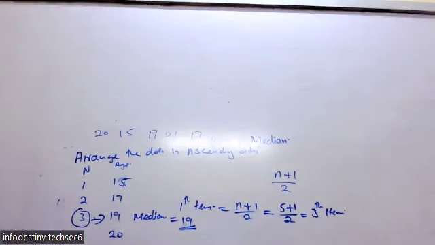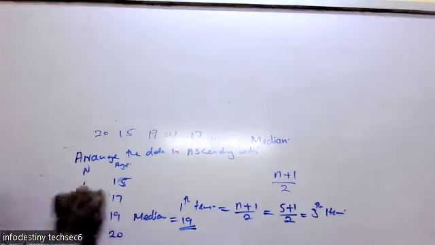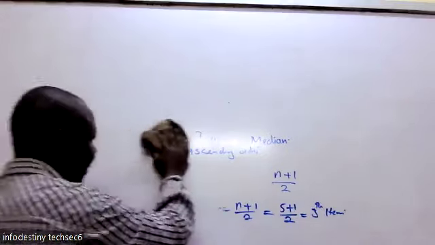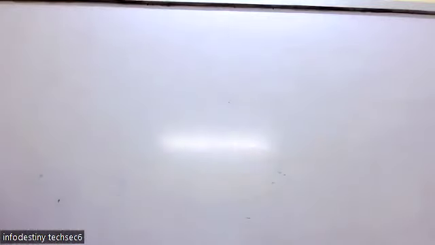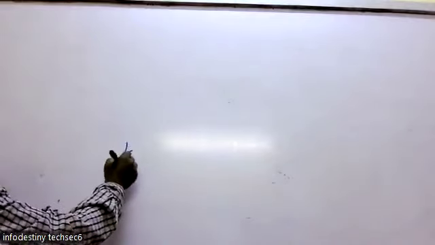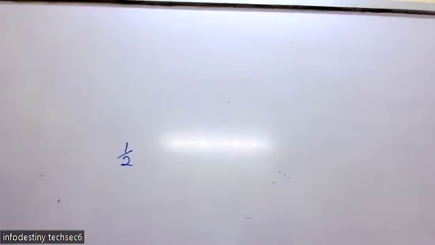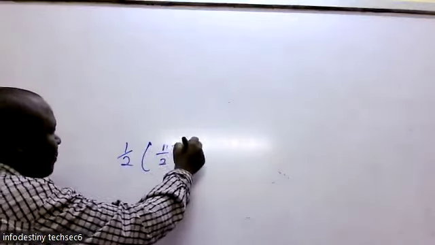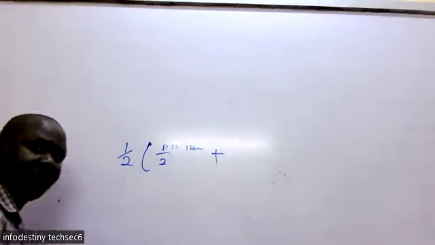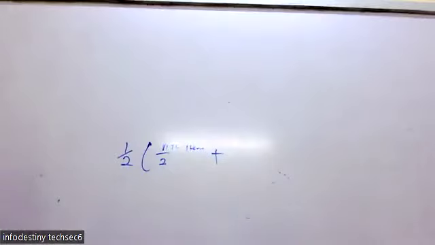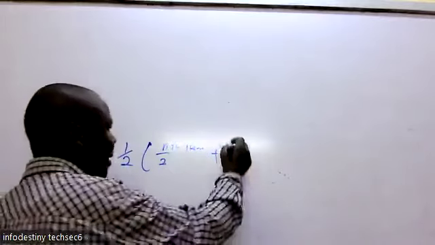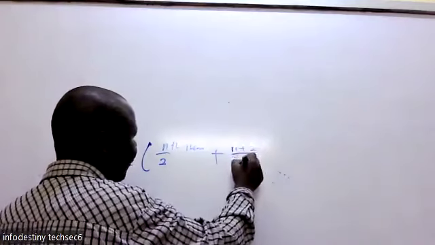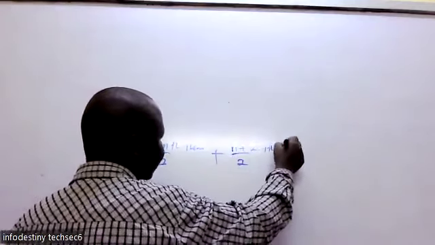When the data is an even number, then you apply 1/2, then open the bracket: n/2 item plus n plus 2 divided by 2 item.